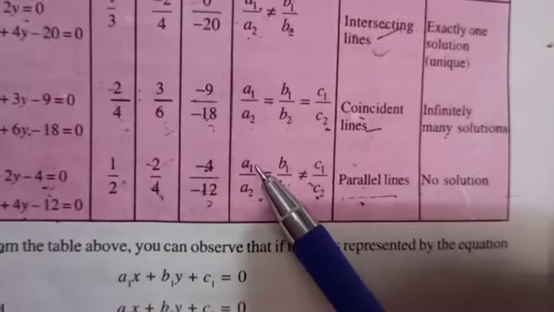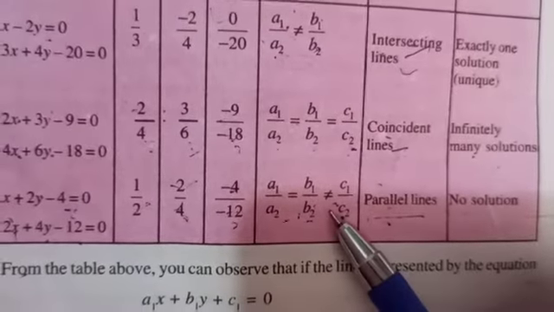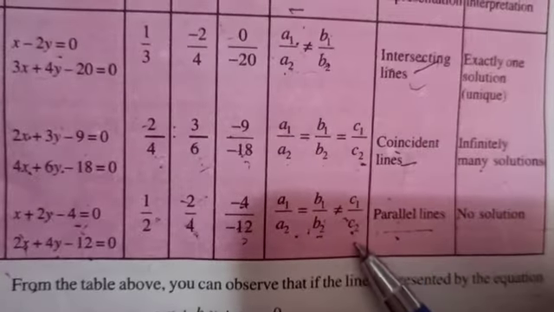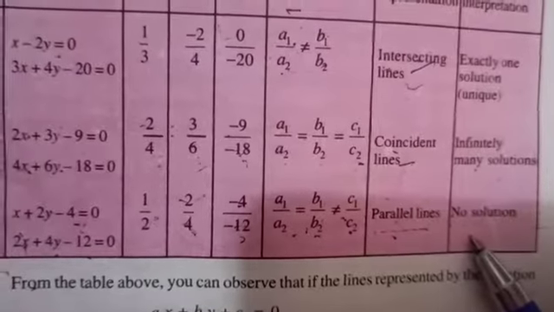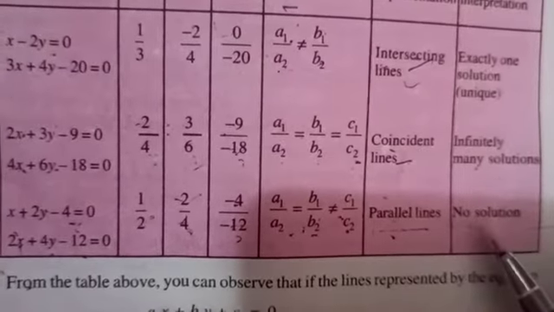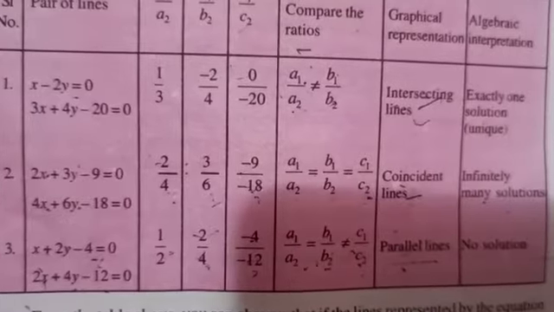And if a1 by a2 is equal to b1 by b2 but not equal to c1 by c2, then the lines will be parallel and you will have no solution. So this is the cross multiplication method. I hope you have understood it.